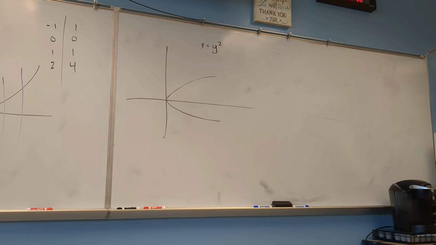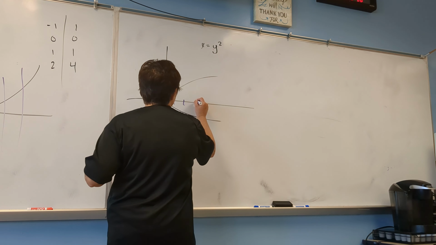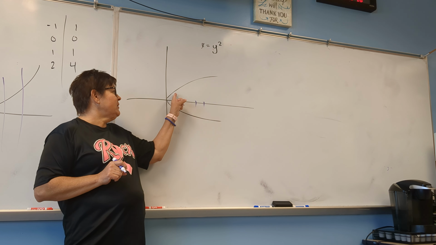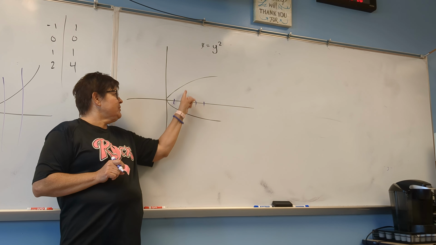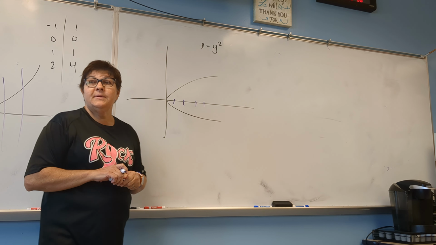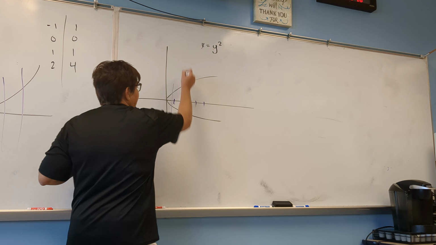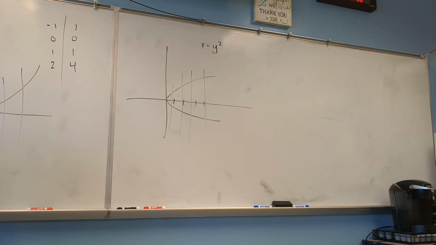So if I'm looking at x values, do you agree with me that this x value produces this guy here and this guy here? This x value produces this guy here and this guy here? That's a no-go, because each of those x values produces two y values. So if I draw my vertical line, I hit it twice, and that's a no.